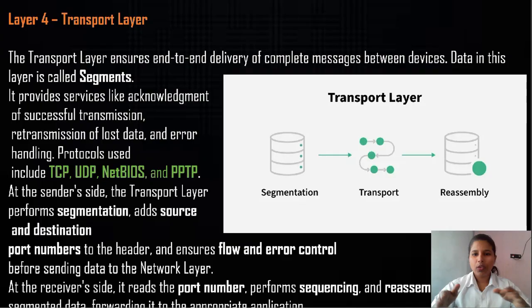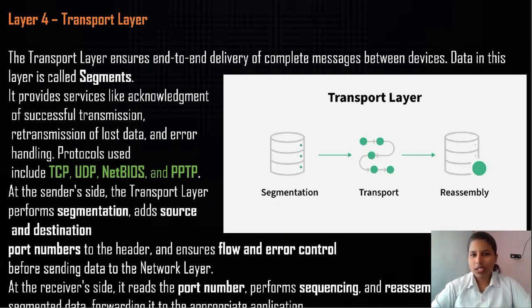The Transmission Control Protocol ensures reliable delivery by adding sequence numbers and error checking. It means we make our data into segments, number them, and at last confirm through error checking that the data reached the receiver side correctly.